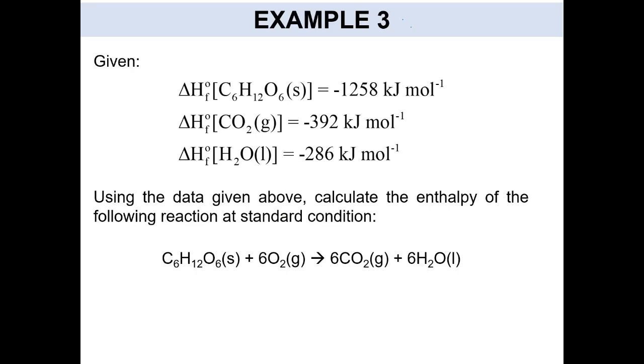Given delta H naught formation of glucose negative 1258 kJ per mole, carbon dioxide negative 392 kJ per mole, and H2O negative 286 kJ per mole. Using the data given above, calculate the enthalpy of the following reaction at standard condition. C6H12O6 plus 6O2 produces 6CO2 plus 6H2O liquid.